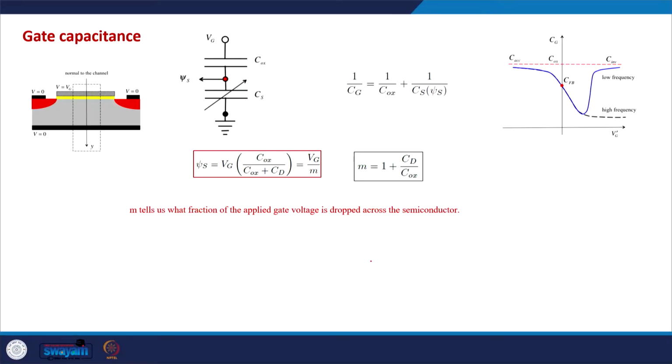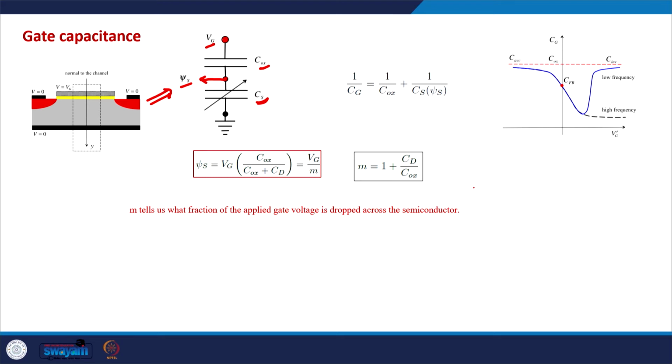Now, what we saw last time is that the relationship between psi s and Vg can also be written down in terms of the capacitances, in terms of the gate oxide capacitance and the semiconductor capacitance. If we model this MOSFET as a series of two capacitors, Vg is the voltage at the top of these two capacitors, and psi s is the voltage in between Cox and Cs.